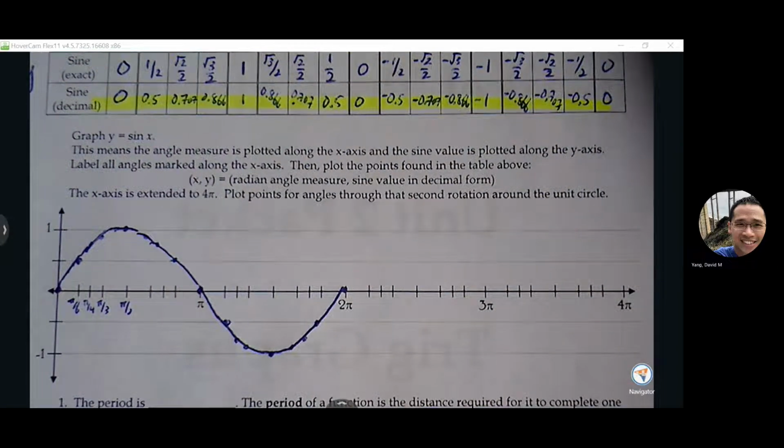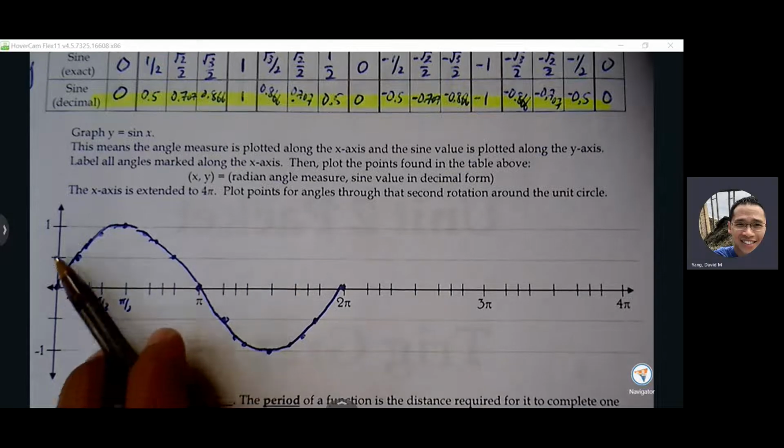So we know about coterminal angles, right? We know that if we were to go through the cycle again, we're going to arrive at the same y value. So we call this one cycle or one period, because anything after this is going to start repeating the same pattern that we had before.